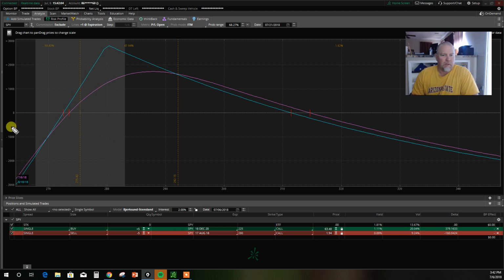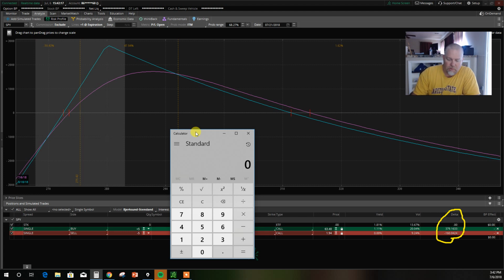All right. Net delta is right here on these two positions. If I pull up a calculator quick, there it is. So 379 deltas positive minus, let's call that 160 deltas. I have 219 deltas positive, a relatively small position.